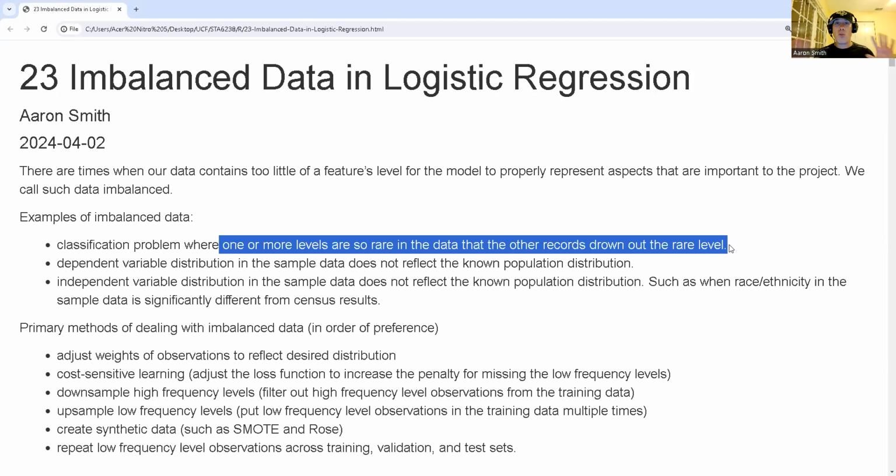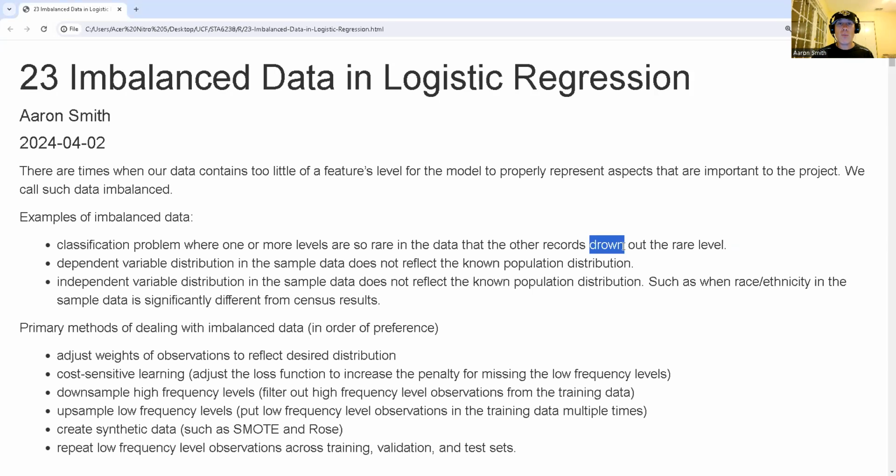Now in this situation, this isn't a problem with my sampling. This isn't a problem with my data. This is just reflecting reality of what's going on. But when I go in to fit the logistic regression model or any other supervised learning model for this, the frequent levels are going to drown out the low frequency levels. So in this particular case, the actual disease cases of the rare disease will just be drowned out, so the model really doesn't pick up anything for it.